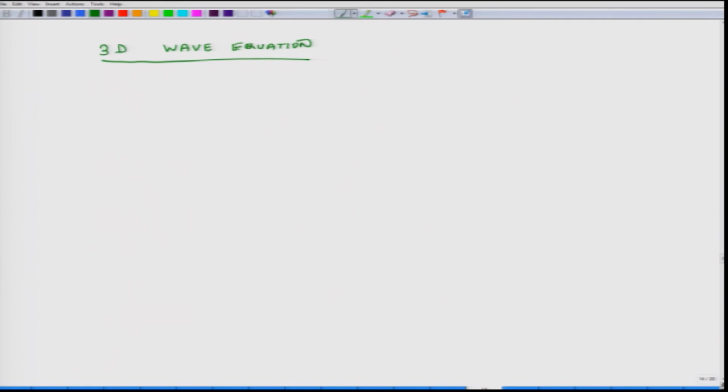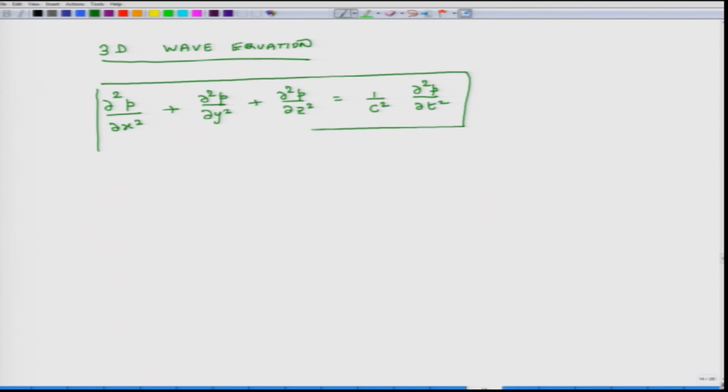And what is the nature of this wave equation? It is del 2 p over del x square plus del 2 p over del y square plus del 2 p over del z square equals 1 over c square del 2 p over del t square. This is for a Cartesian frame of reference.